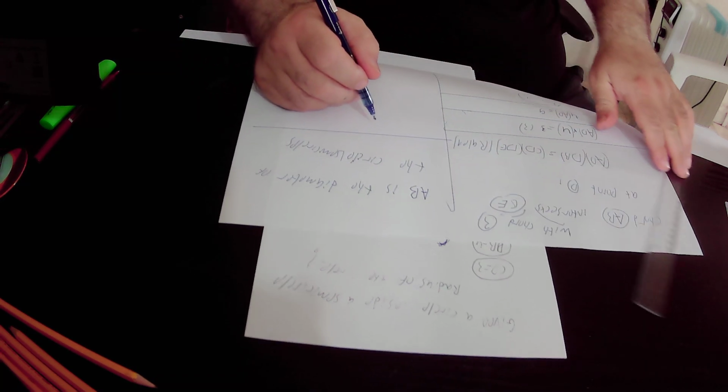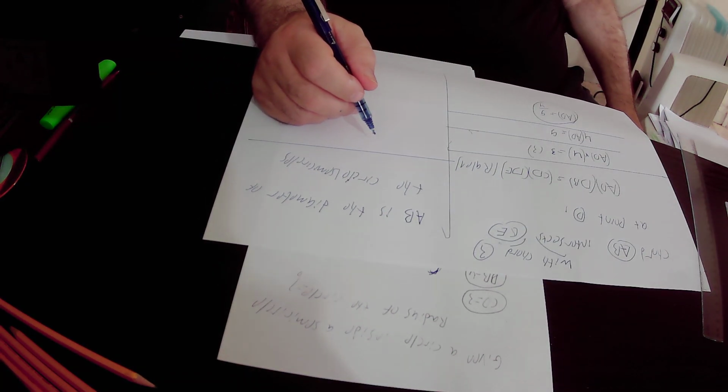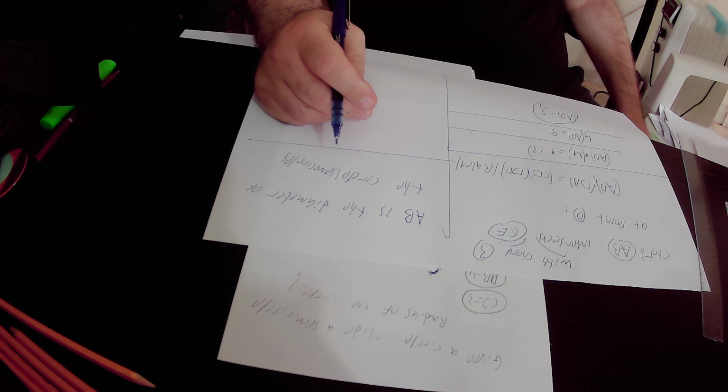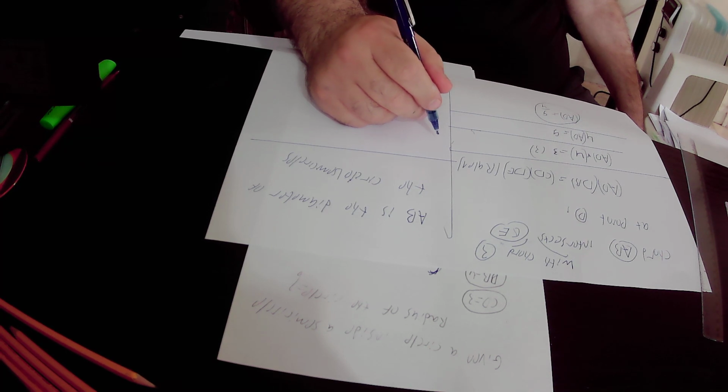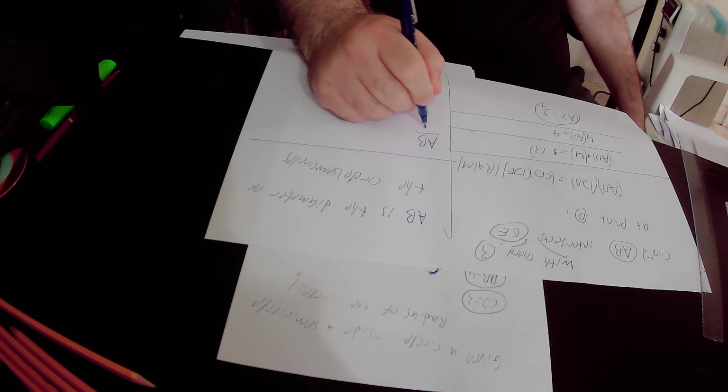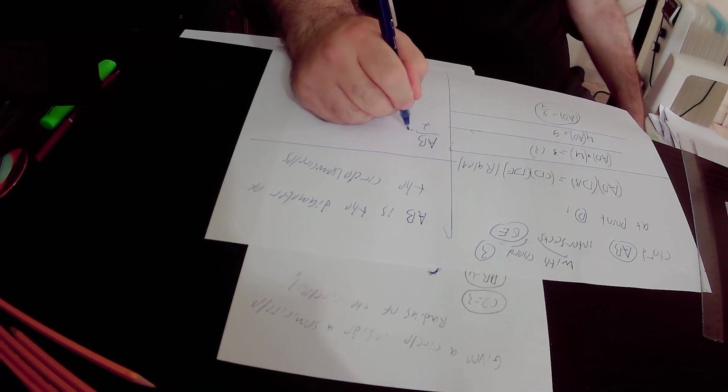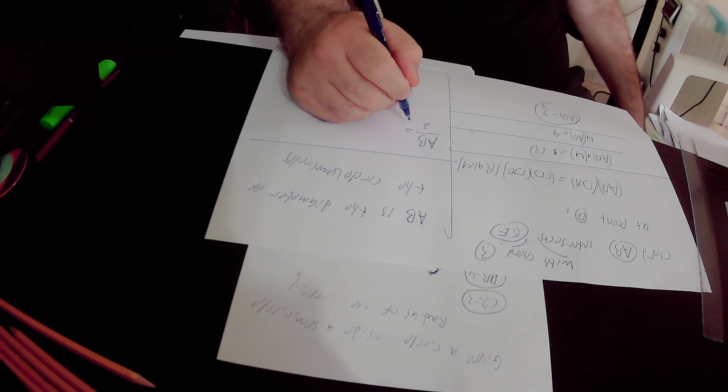And we know that the diameter of any circle or semicircle is twice as long as the radius. So actually, if AB is the diameter, we have to divide it by 2 in order to get the radius of the circle and the semicircle also.